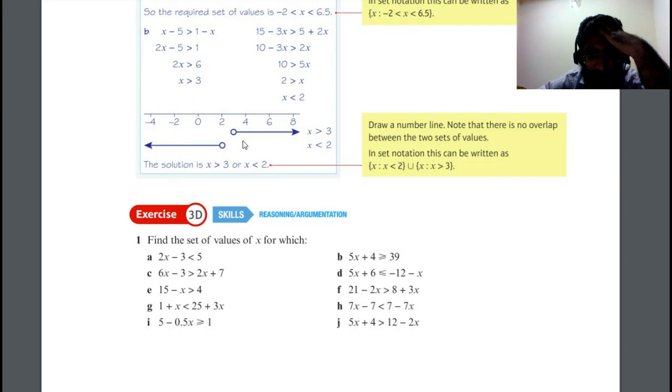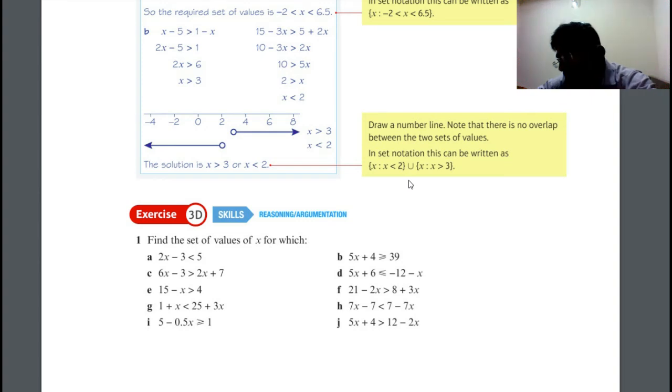So if it's either or, then it's union. If it's this and this, then it has to be the intersection of the two sets. How do you write that? Instead of this U, you turn it upside down like an n. So that means intersection.